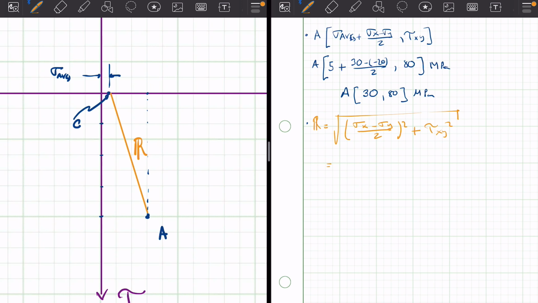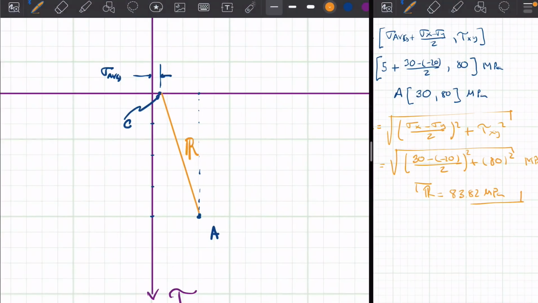So our radius becomes the square root of, and I'm going to do all the steps here, 30 minus 20 divided by 2 squared plus 80 squared. Because each of these terms is in megapascals, and I square it and then take the square root, it's still megapascals. So our radius is equal to 83.82 megapascals. It may not be something that I see on the graph, but it is the physical representation of the number that we have here.